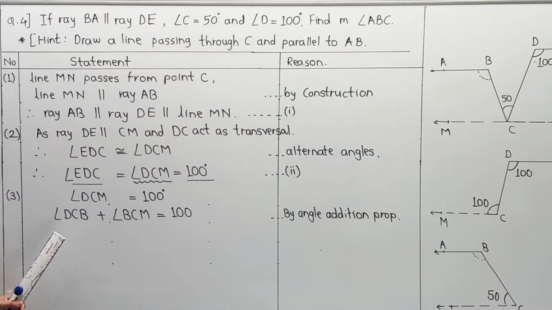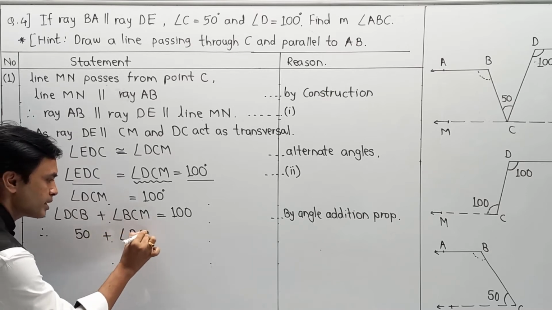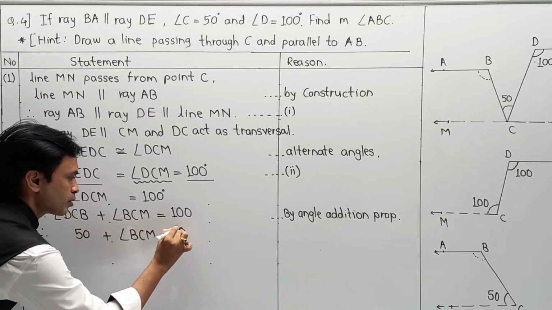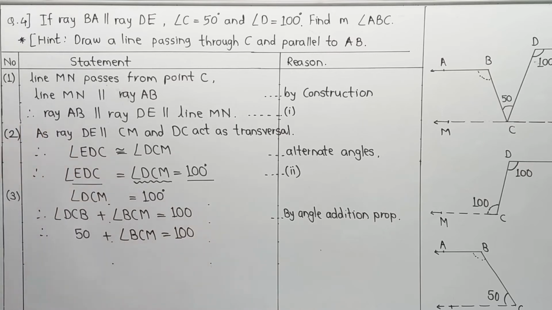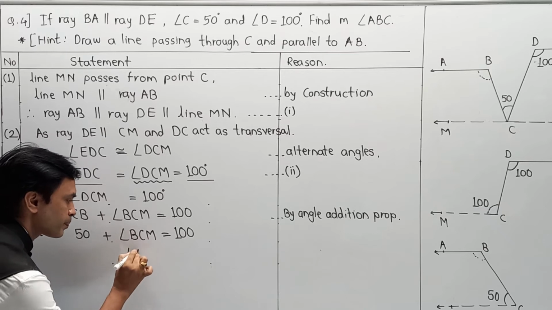Now we know that the value of DCB is 50 degrees. So 50 degrees plus angle BCM is equal to 100 degrees. Now we have to calculate angle BCM.